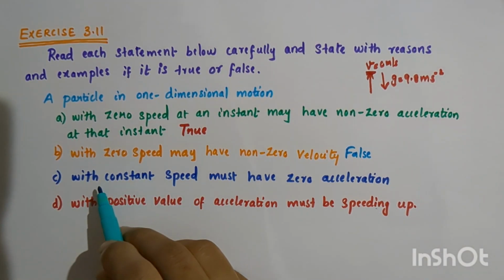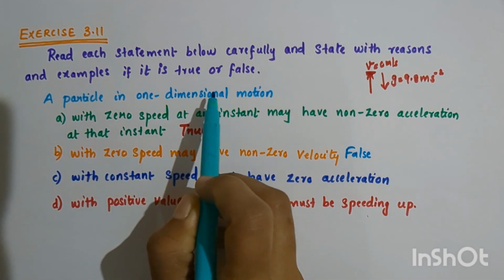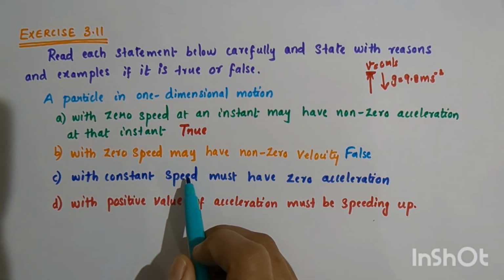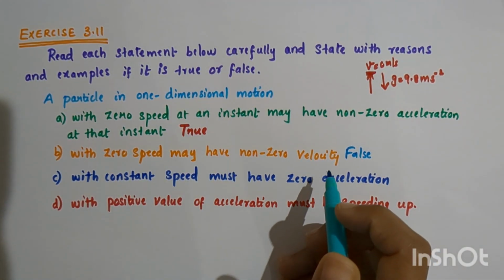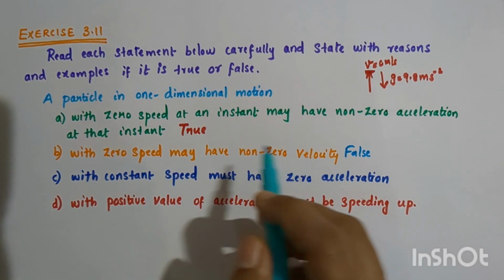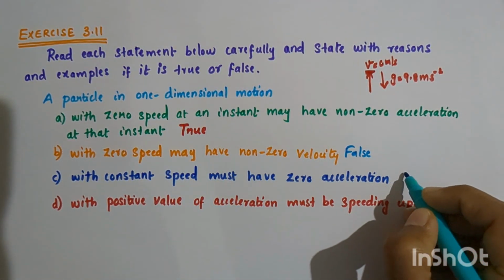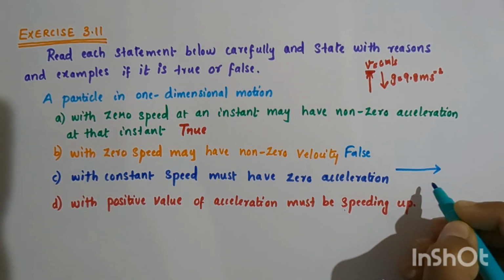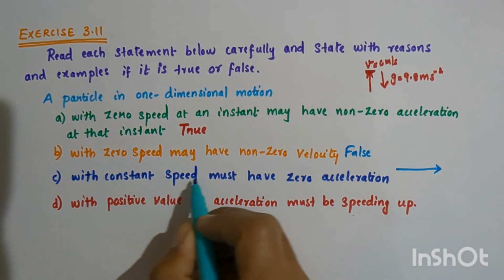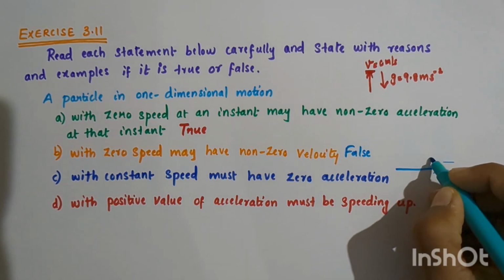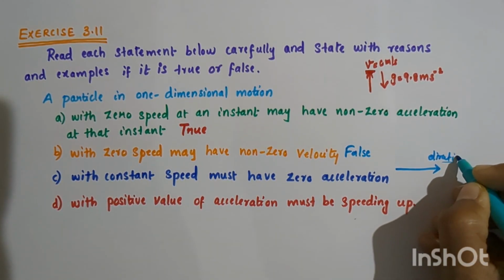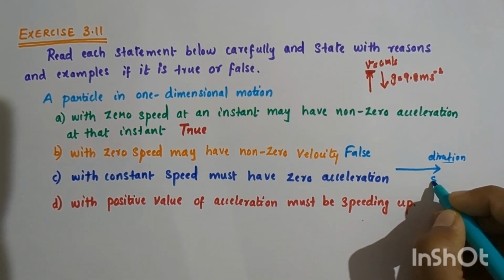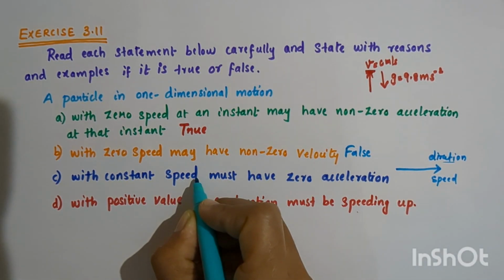Now see the third one. A particle in one-dimensional motion with constant speed must have zero acceleration. You see, the particle in one-dimensional motion means the particle is moving in a particular direction with a constant speed. So direction is a constant, and speed is also a constant.